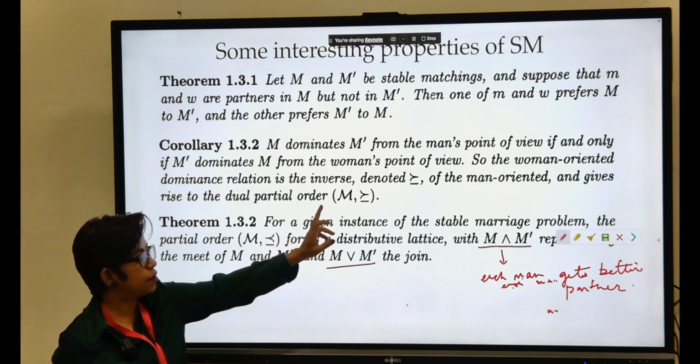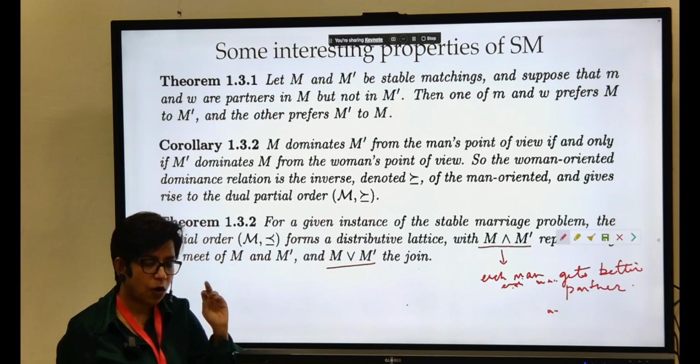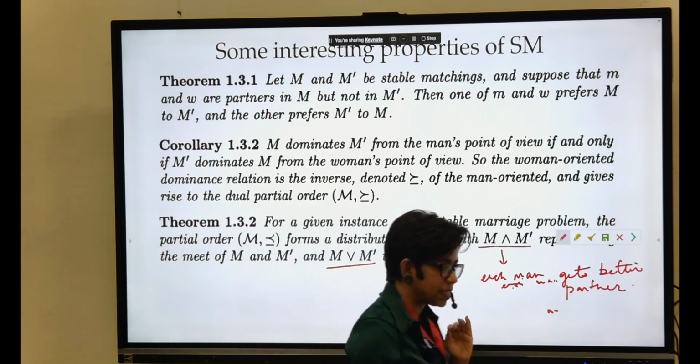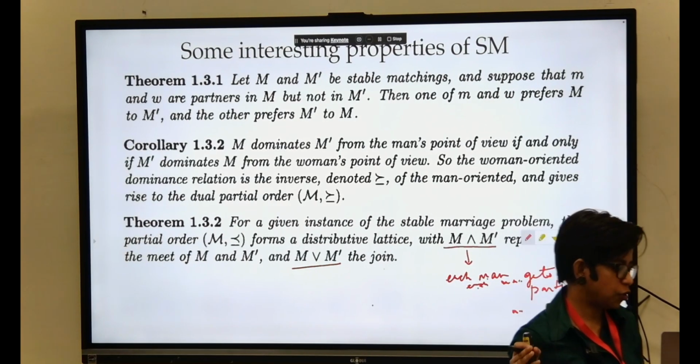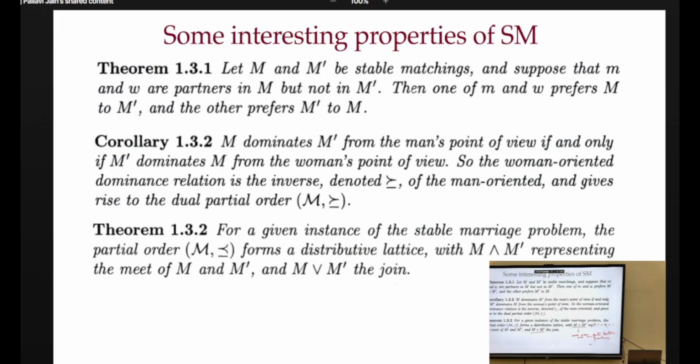In this case, the partial ordering we are talking about is the dominance relation. What exactly is formally a partial ordering, we will see a little later. For now you can just think intuitively: not every two matchings are comparable.